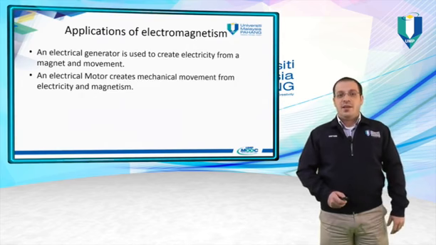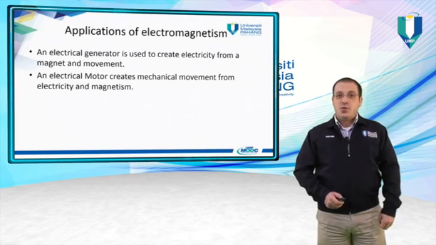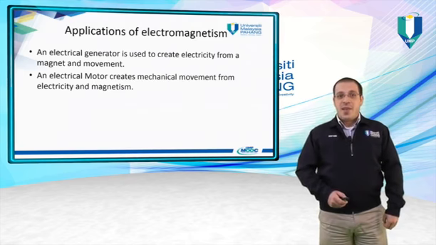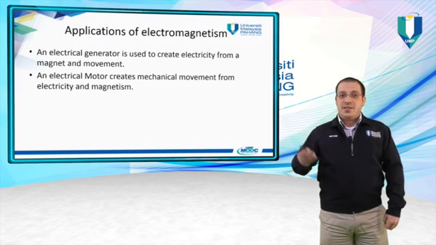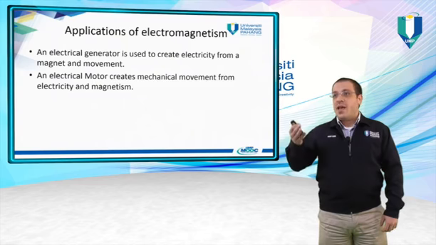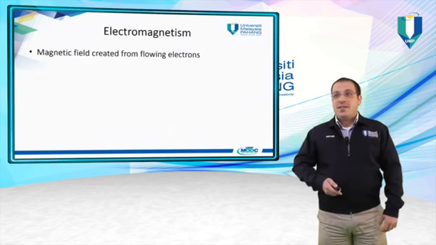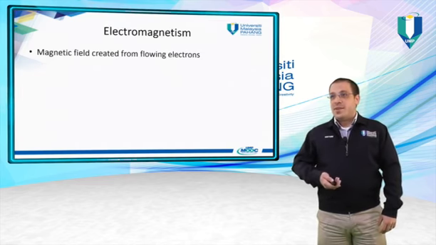The first one is the electrical generator, which is used to create electricity from magnet and movement. The other one is the electrical motor, which creates mechanical movement from electricity and magnetism. Today we are going to focus on the first one, which is the electrical generator. So let's start with the basics of magnetism.